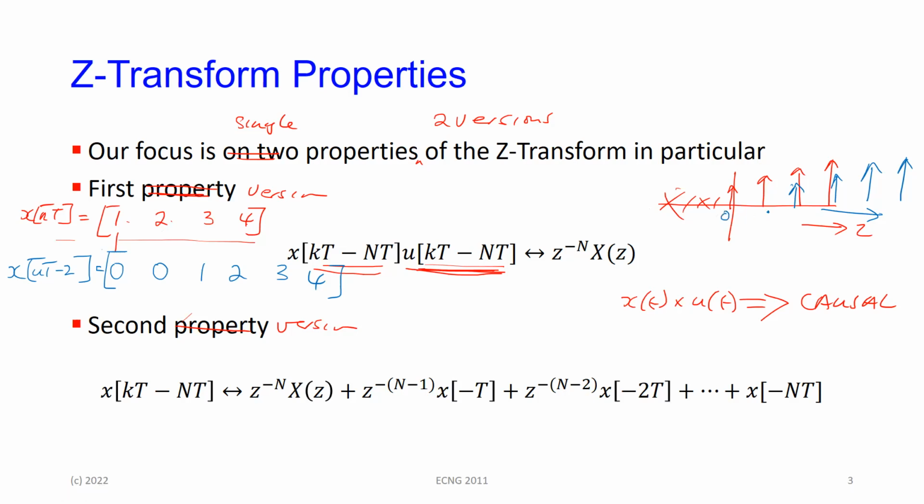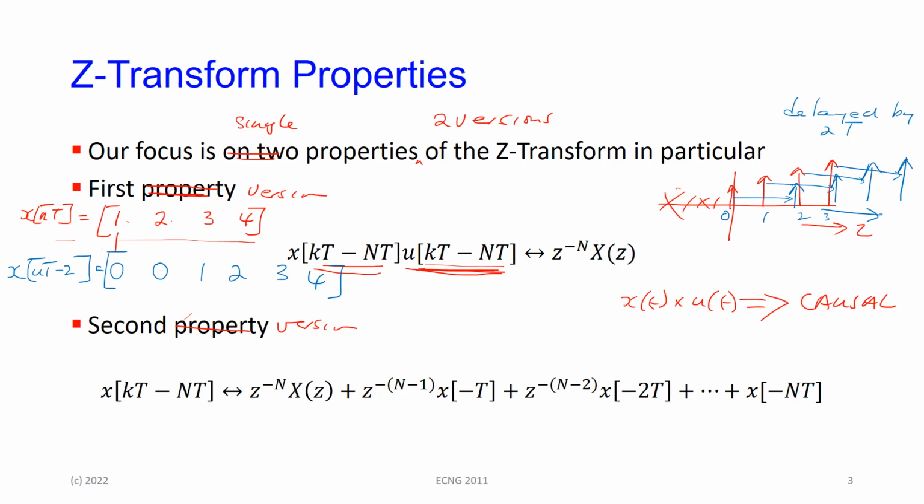So this value has gone to here, this value has gone to here, this here, this here, delayed by 2T. Yeah? Make sense? Just that particular shifting. Is that clear now?